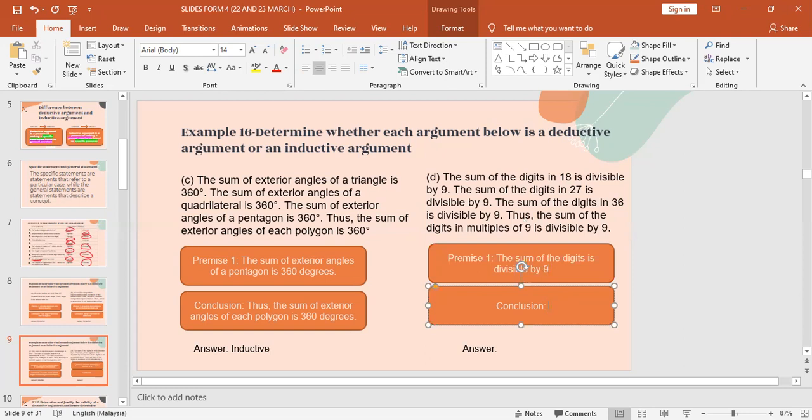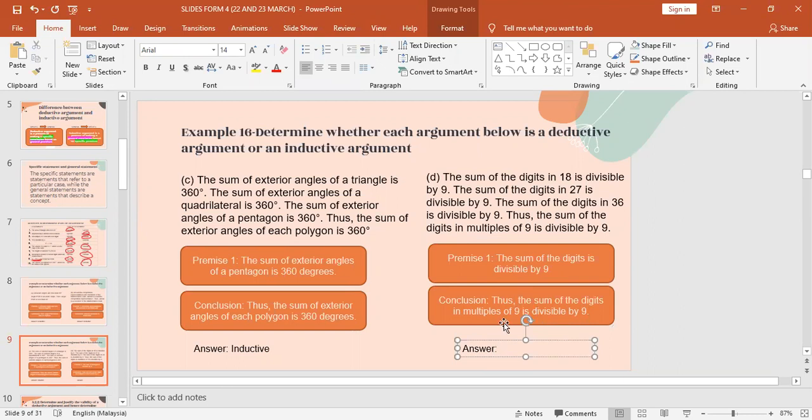Thus, the sum of the digits in multiples of 9 is divisible by 9. Yes, very good. Okay, oh, sorry. Typo.